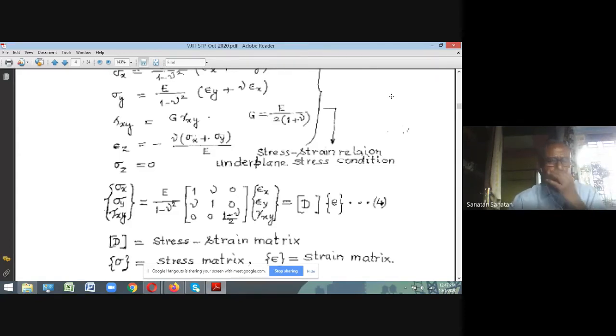A body which is initially rectangular will not remain a rectangle, it will become deformed slightly like a parallelogram, and it is going to be actually shear deformation. And therefore, when you are having normal strain in the x direction, y direction, if you think of the z direction, you will also have the Poisson's ratio effect.